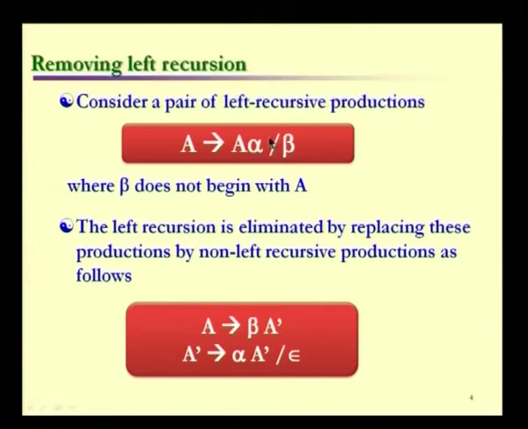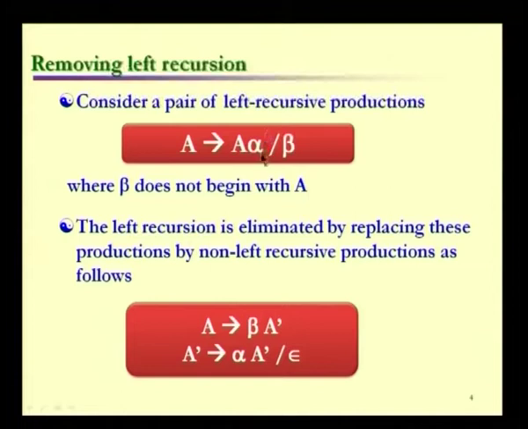Whether we produce the language using the grammar which contains left recursion, or with the help of the new one which does not have left recursion, the language of the grammar must be the same. So, here we have the production A derives A alpha or beta, and for rewriting this grammar the left recursion gets eliminated. What you do is A derives beta. If I simply write A derives beta, then certainly we cannot generate anything with alpha.